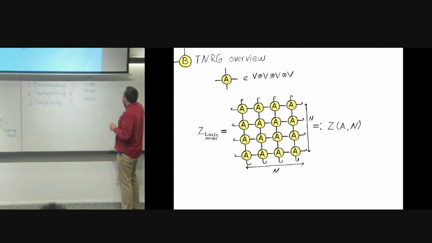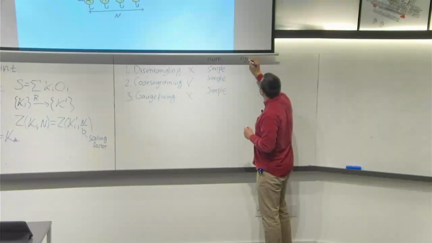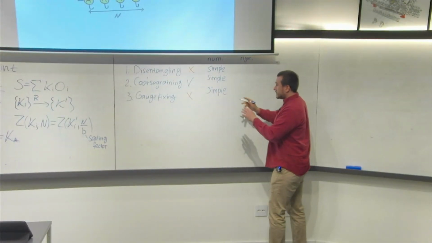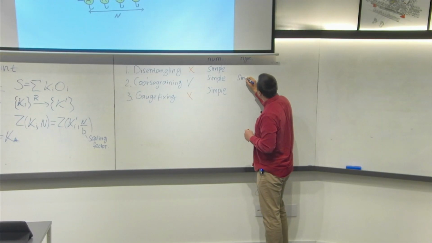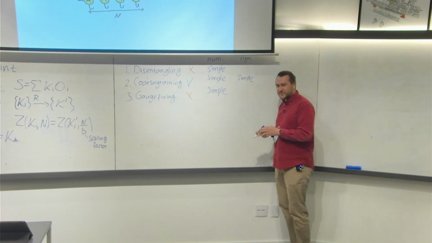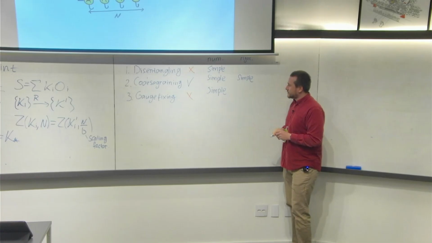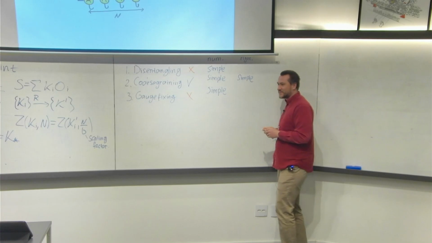But in rigorous analysis, coarse graining is simple. Gauge fixing, we believe, is simple. We know how to do it in some particular circumstances, but now we're working on criticality, and we think we know how to do it, but it's not finished yet.